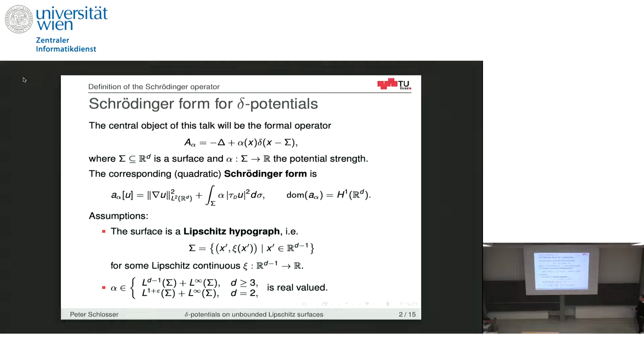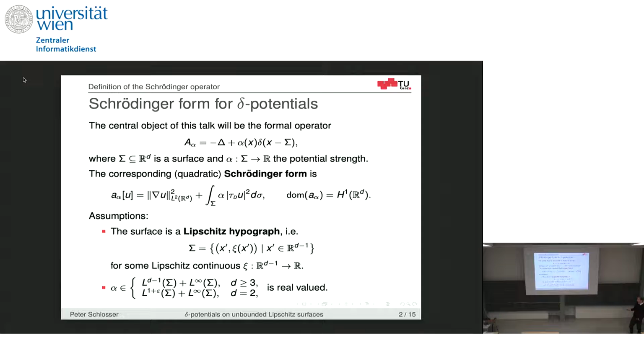And the L infinity part, so it may be only bounded at infinity and have singularities which are L^{d-1} when d is larger than 3, and so L1 is not enough here, but I need something slightly larger than L1, so L^{1+epsilon} in 2 dimensions.